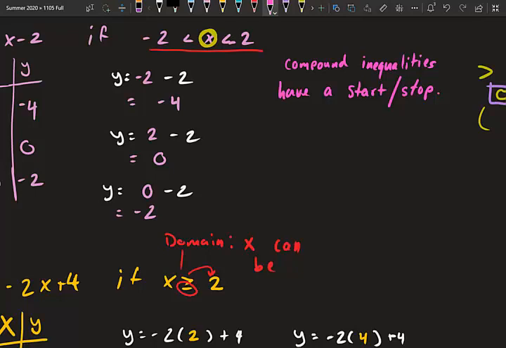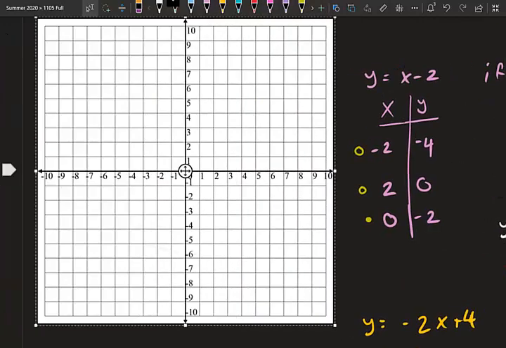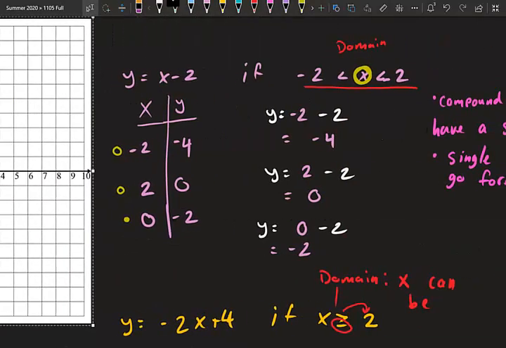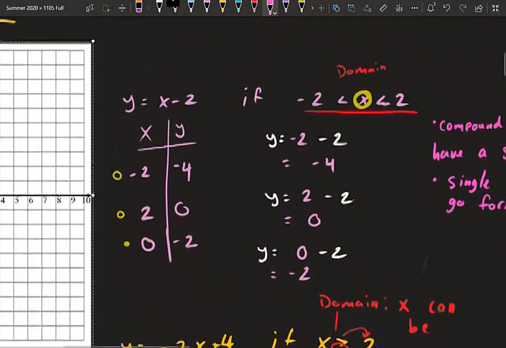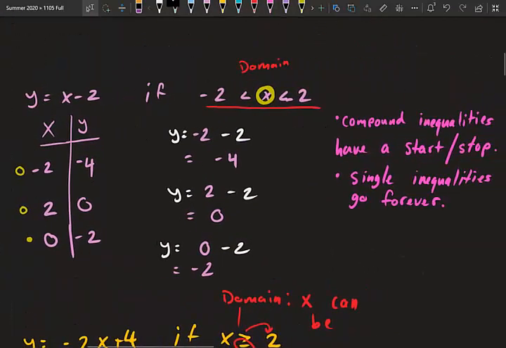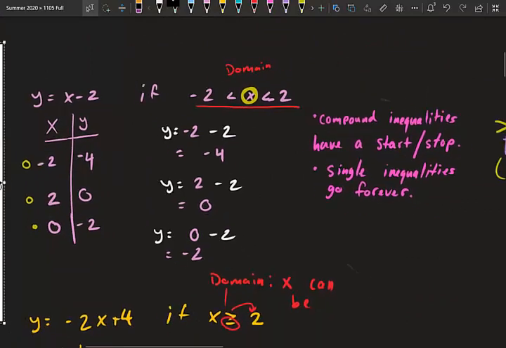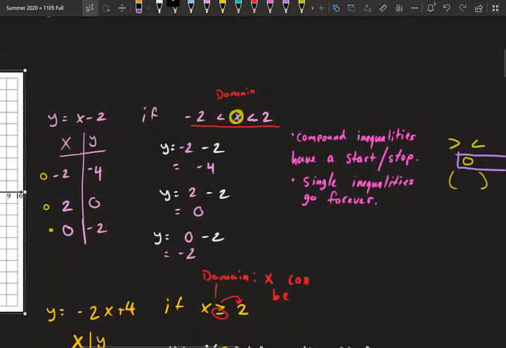Single inequalities go on forever. So the purple one is compound, the orange one is single, because compound means double, single means one. Go back to 1.5, 1.6 to review that if you need to. All right, we have all our points, we have all our circles that we need to fill it in with.